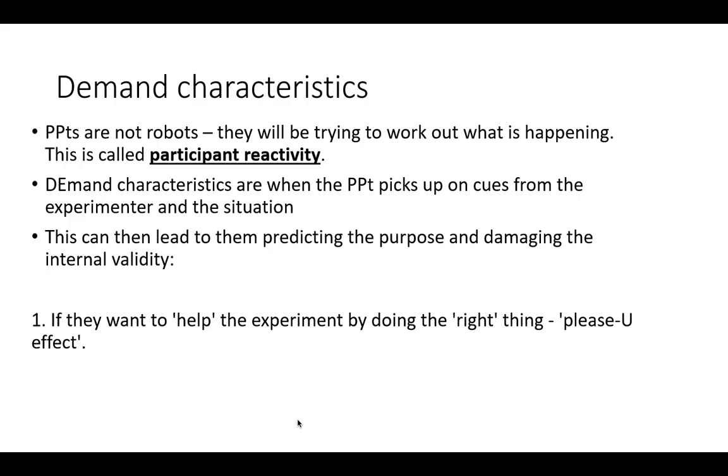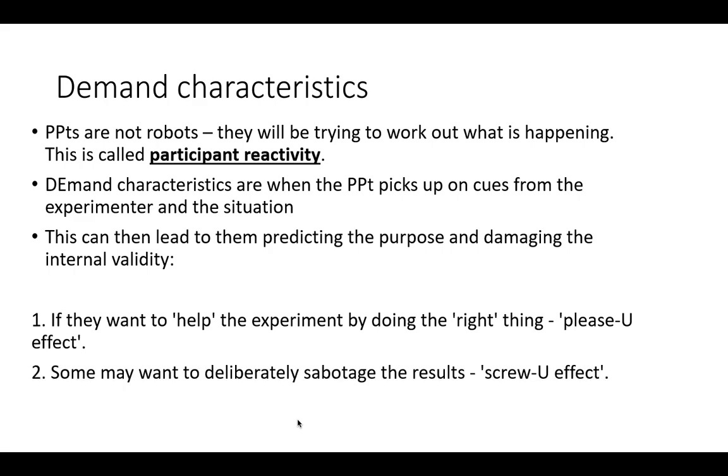So imagine here that you're in Milgram's study and you realise, oh, I think I'm being tested here to see how murderous I am. I'm going to stop now because I think that's what this study is about. That's the please you effect. You're trying to please the researcher by being a good person. You're not behaving naturally. If you're not behaving naturally, then the study is a waste of time because they're not really studying human behaviour.